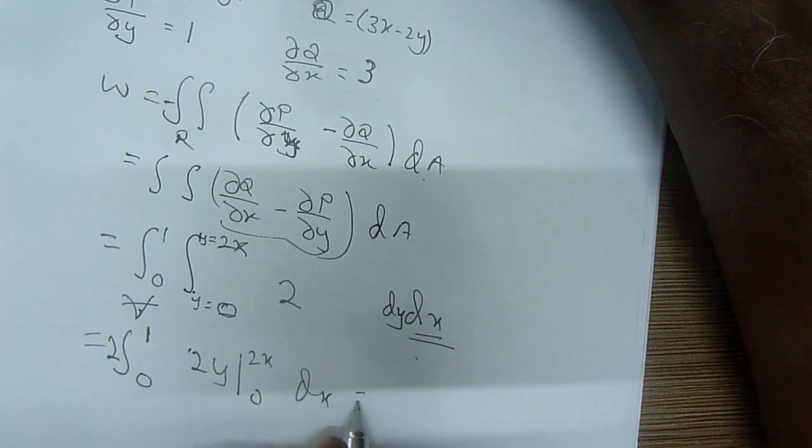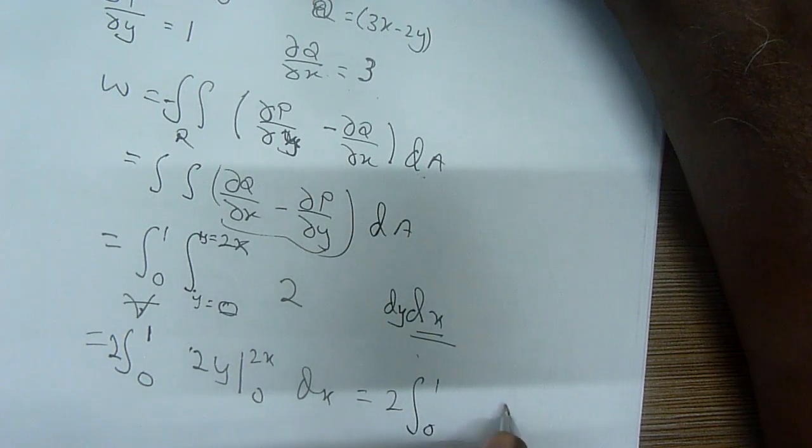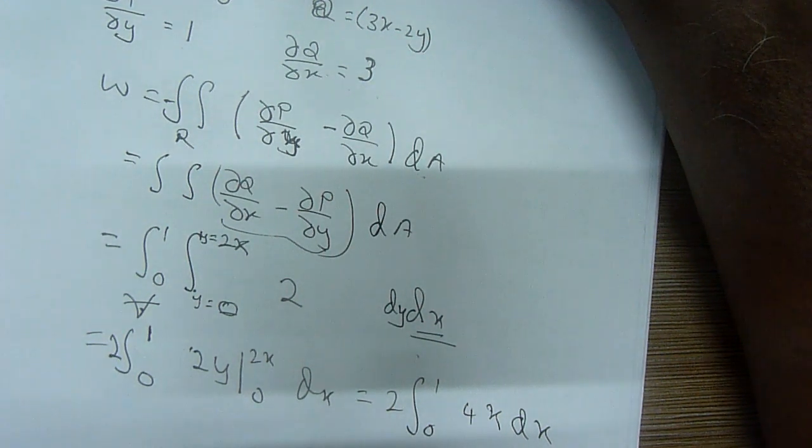Then you solve that 2, 1 to 0 for x, with the dx. Then for x², 2 to 4, 0.